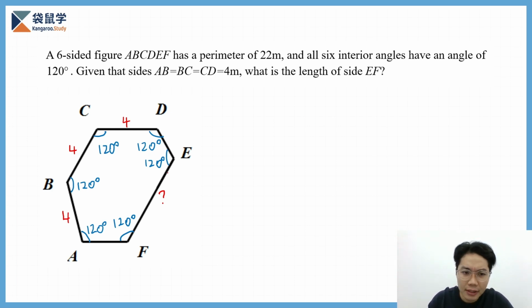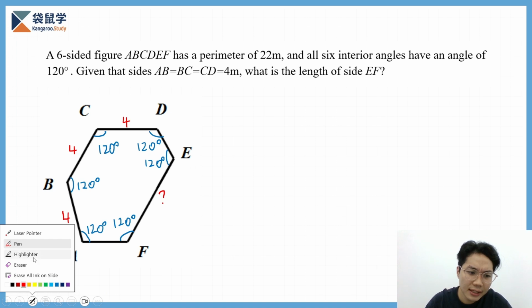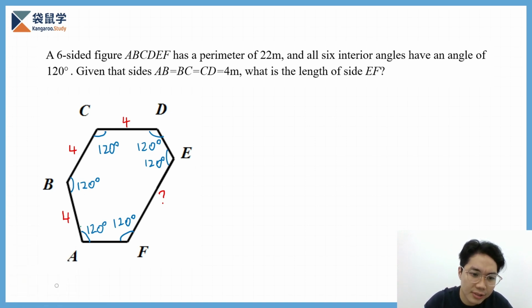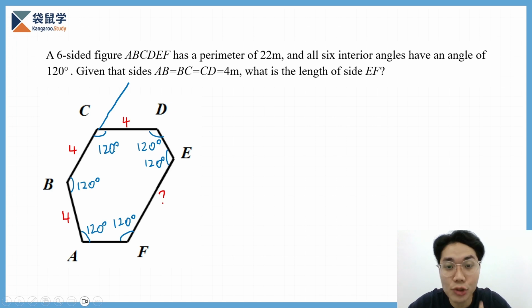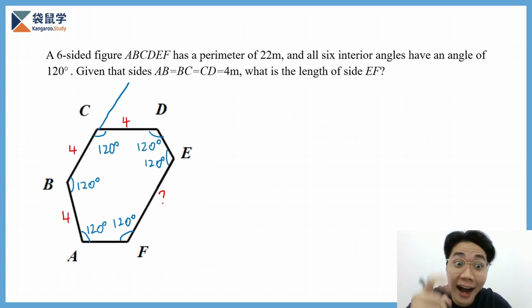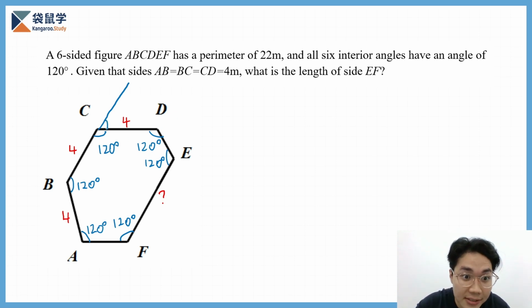If this angle BCD is 120 degrees, then if we draw a line, if it's a straight line, this angle will be what? 60 degrees.